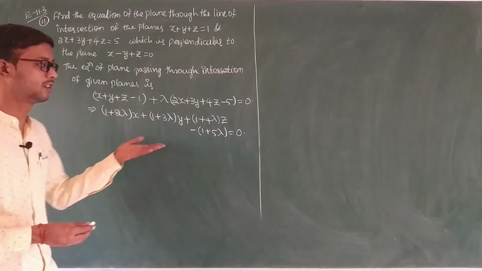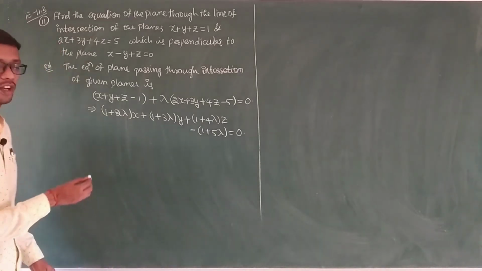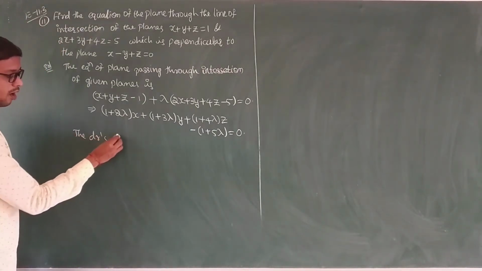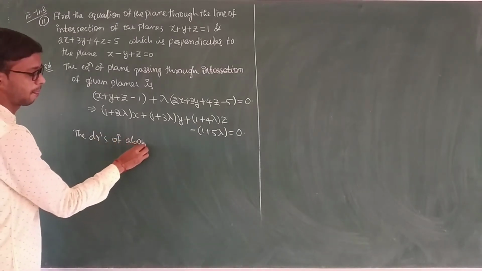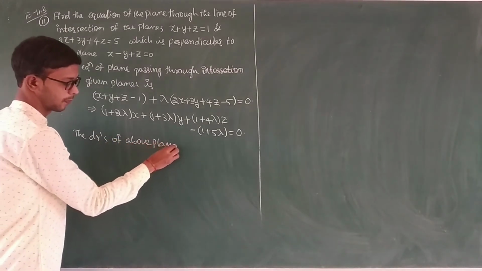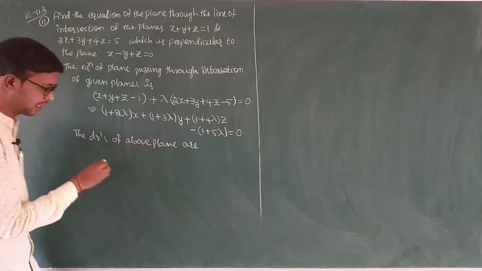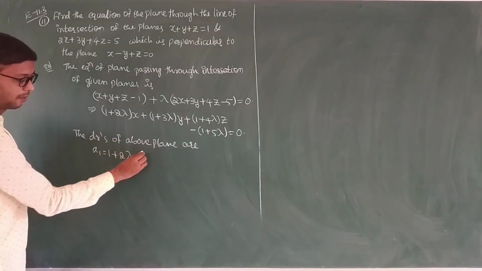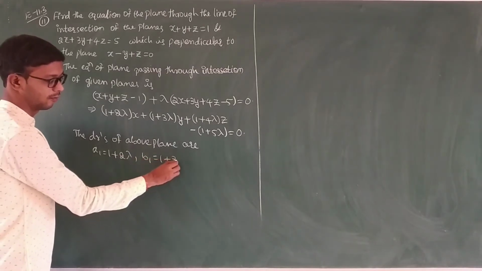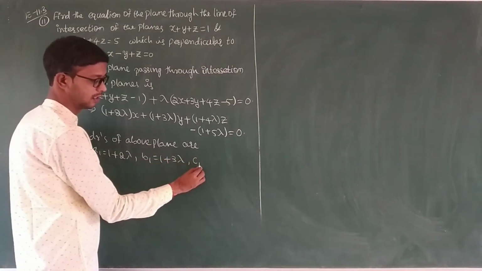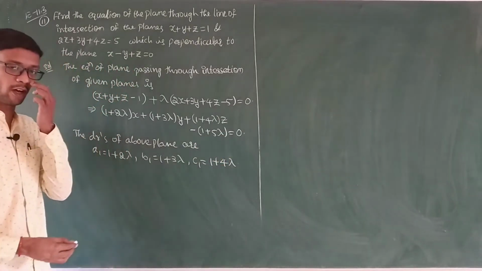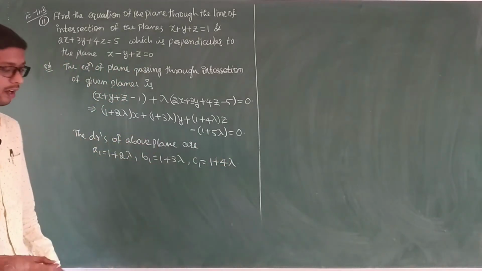This is the one plane equation. The direction ratios of the above plane are: I am taking a1 is 1 plus 2 lambda, b1 is 1 plus 3 lambda, c1 is 1 plus 4 lambda. Enough, up to c1 only, no need to take d1.